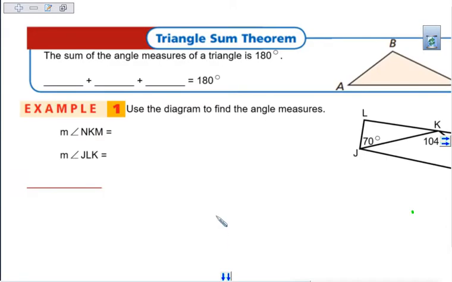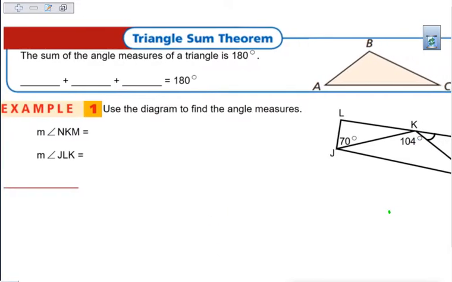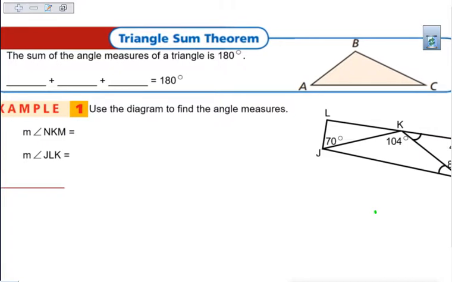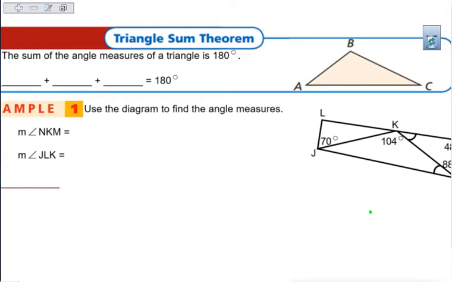Next up, we have the triangle sum theorem that says that the sum of the angles in a triangle is 180 degrees. So we have angle A plus angle B plus angle C. It's going to add up to 180 degrees.